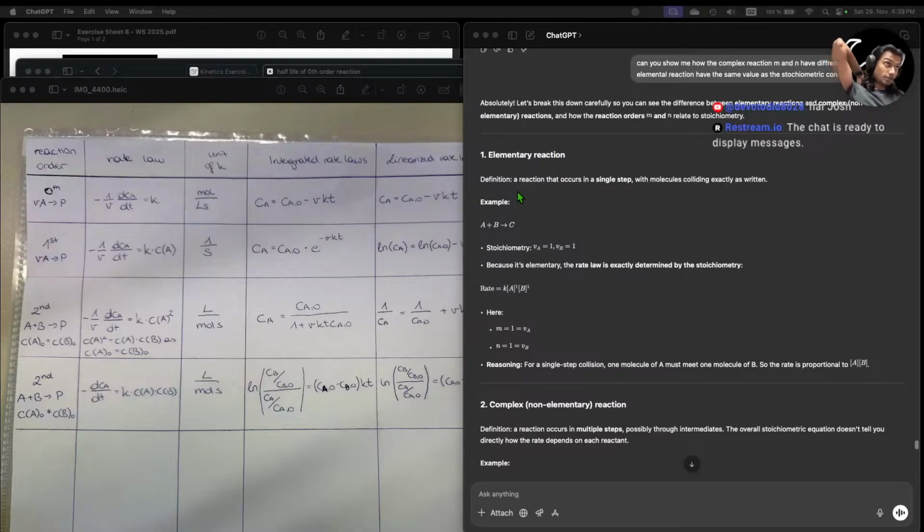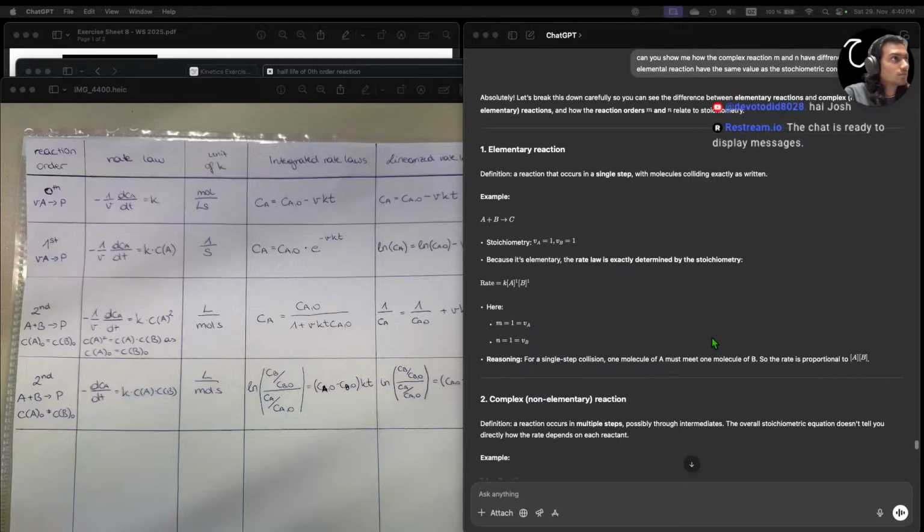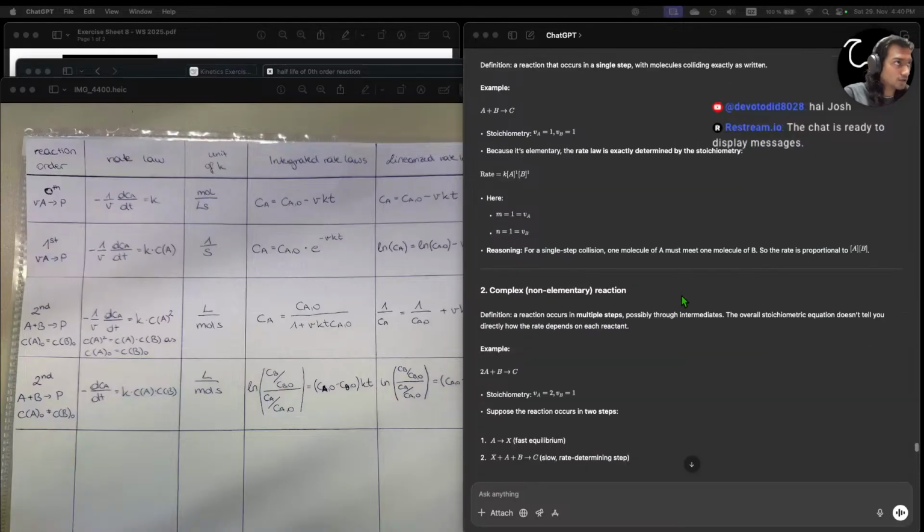Let's break this down. Elementary reaction: a reaction that occurs in a single step with molecules colliding exactly as written. Stoichiometry: because it's elementary, the rate law is exactly determined by the stoichiometry. Complex non-elementary reaction: a reaction occurs in multiple steps, possibly through intermediates. The overall stoichiometric equation doesn't tell you directly how the rate depends on each step.